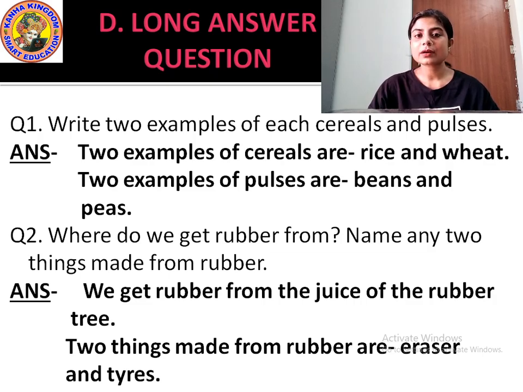Where do we get rubber from? Name any two things made from rubber. The answer is, we get rubber from the juice of the rubber tree. Two things made from rubber are eraser and tire. Okay?